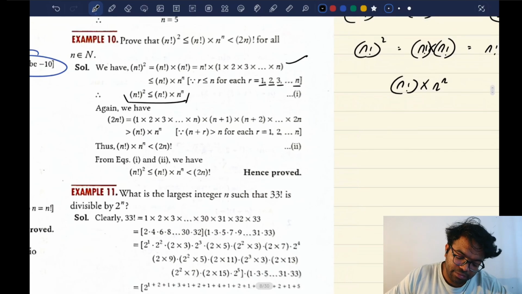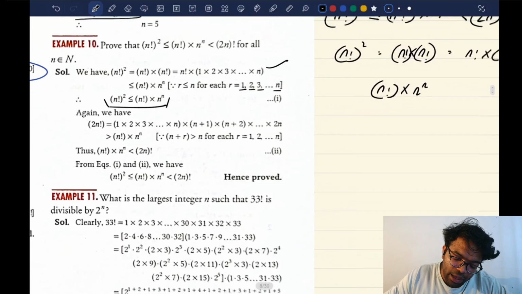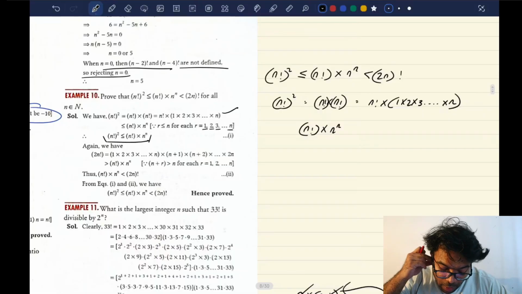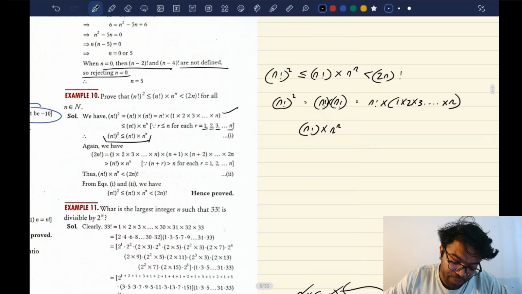Did you understand this? Why? Because see here, n to the power of n is a huge number. N to the power of n is n into n into n into n into n. So when we are doing n factorial the whole square, you are multiplying it with this, but here we are getting a bigger value.